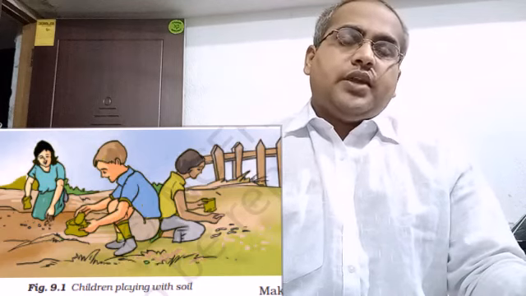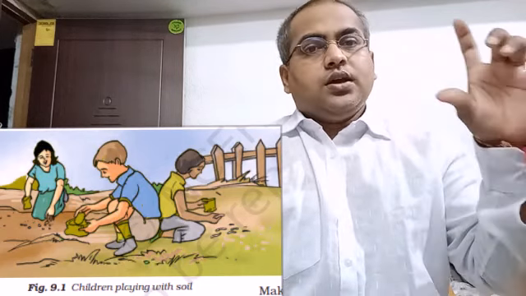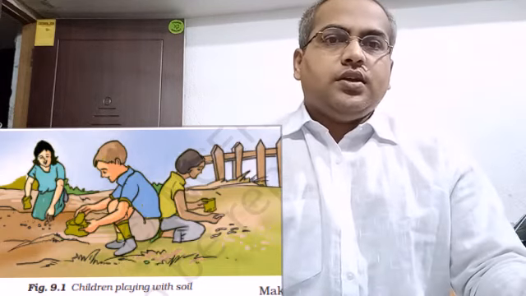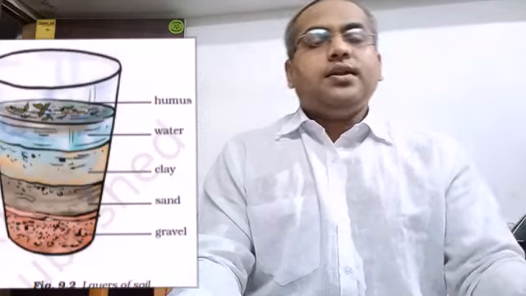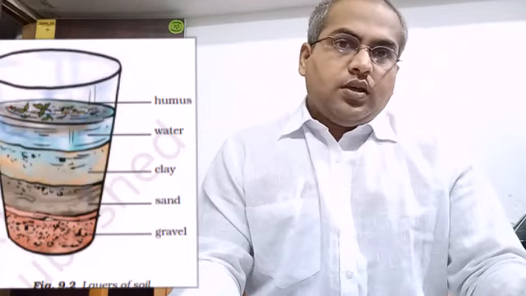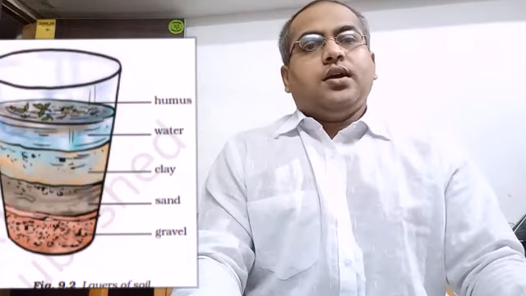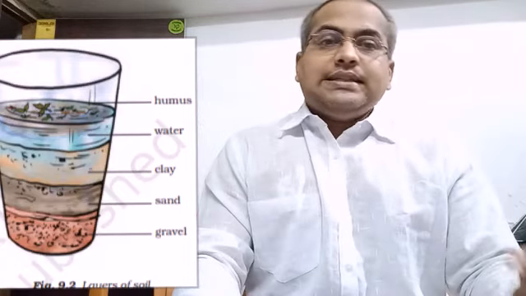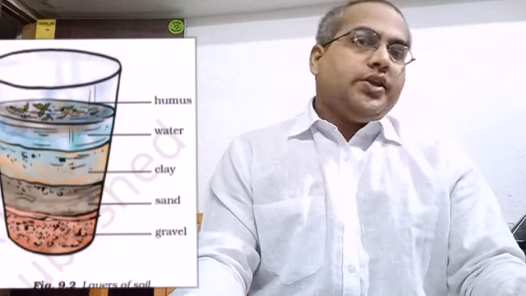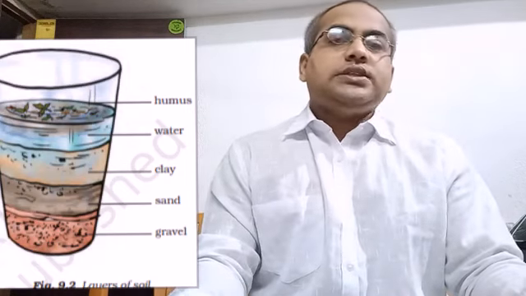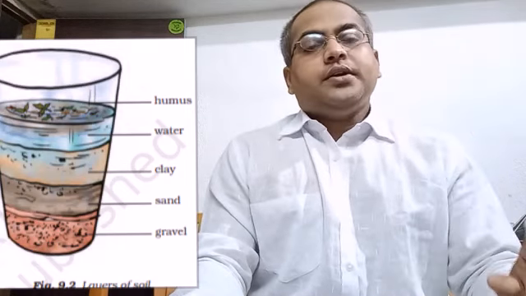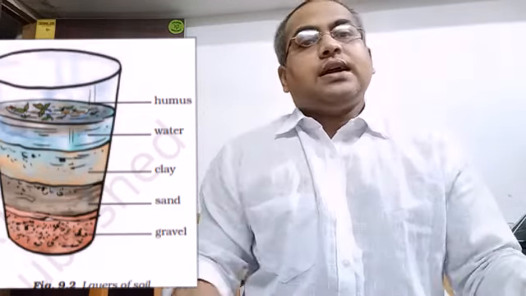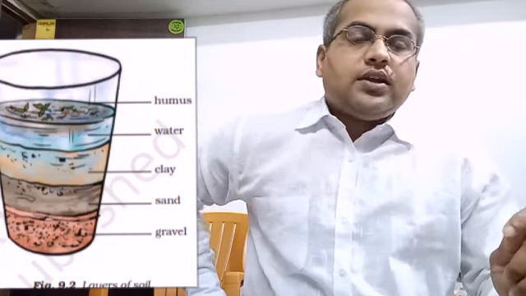So after some time, when we observe this glass, we will find that there are different layers of the soil in the glass. The upper layer which we observe in the glass is a dark layer, and this layer is dark because of the humus. Humus is the dead parts of plants and animals, and the color of the humus is dark or black.